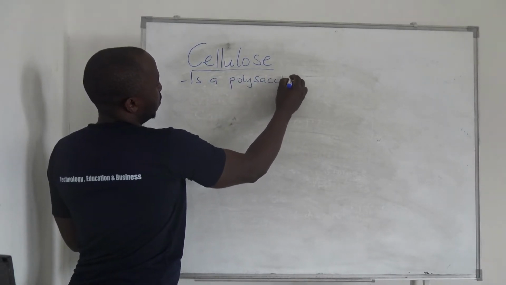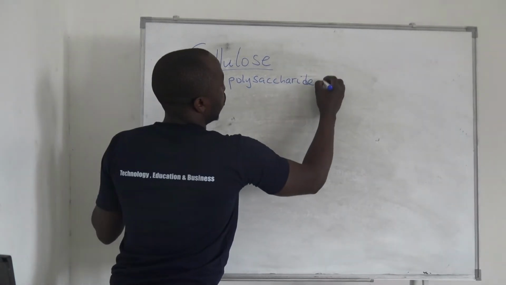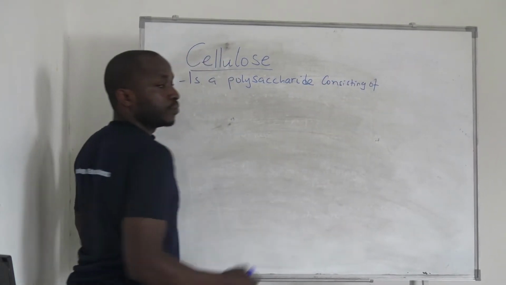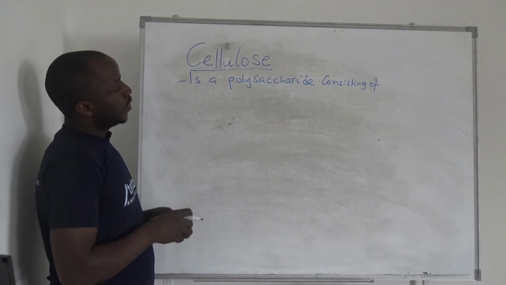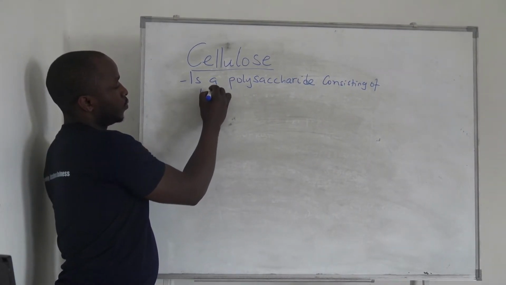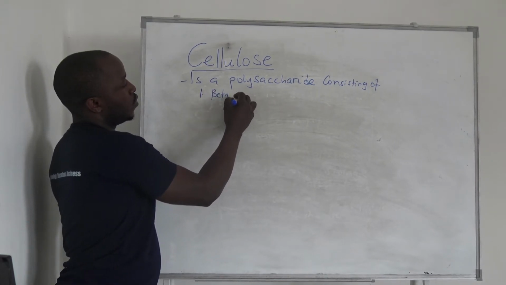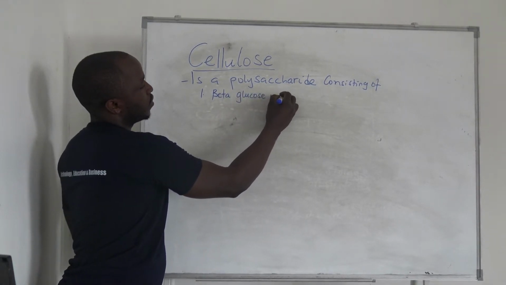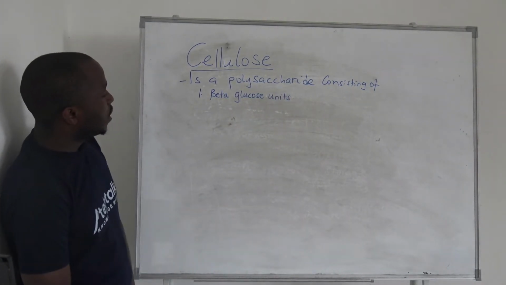A polysaccharide consisting of, what are the building blocks of this polysaccharide? One, beta glucose units. It consists of beta glucose units.